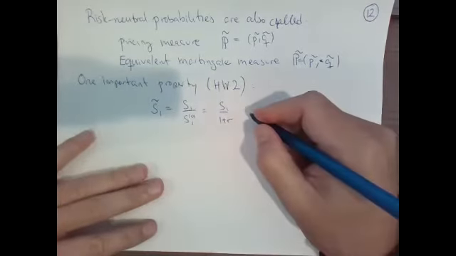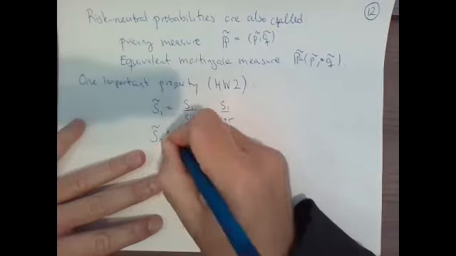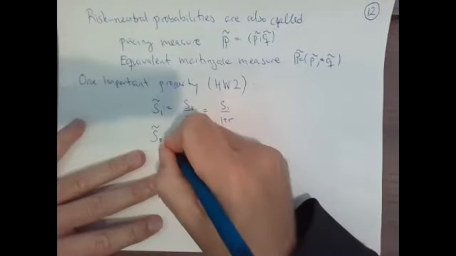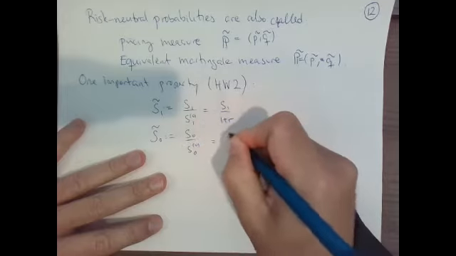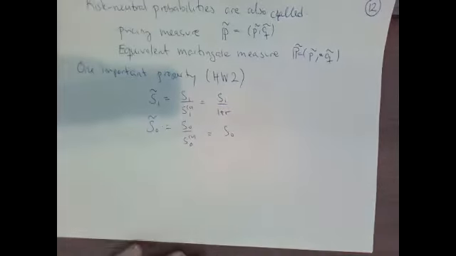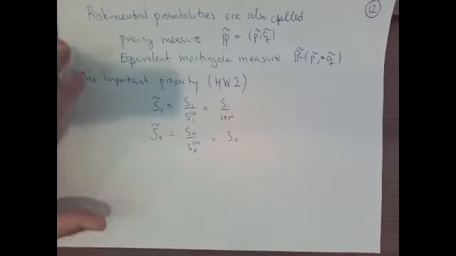So let me try to show you that. We also have the initial stock price in the discounted market, which is just the original one, because we are always pretending that the initial money market account starts out at 1.